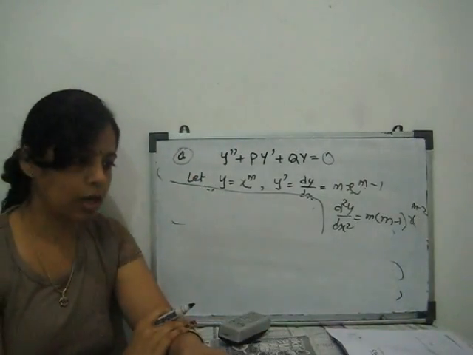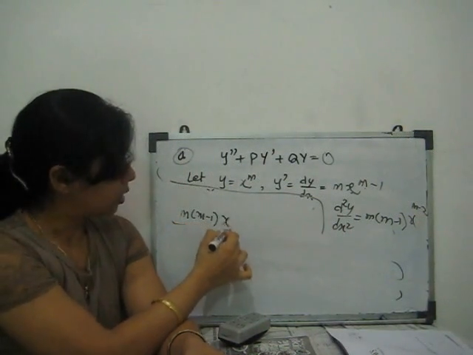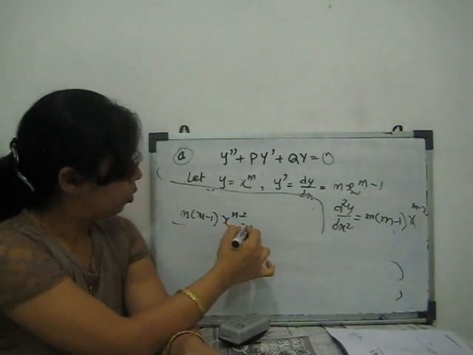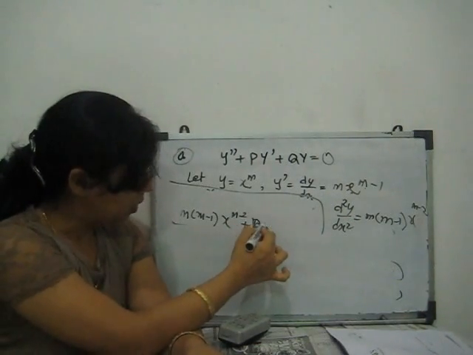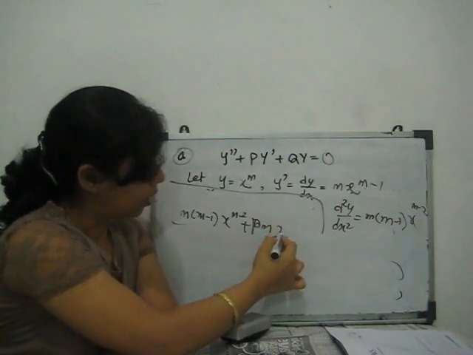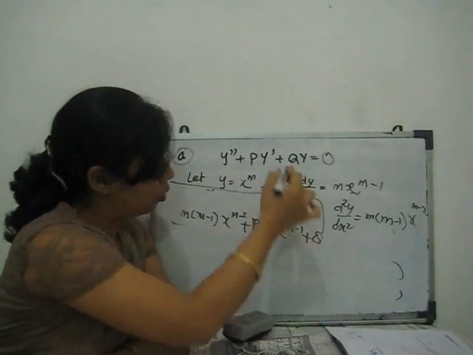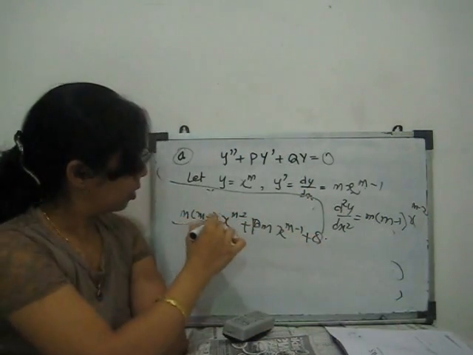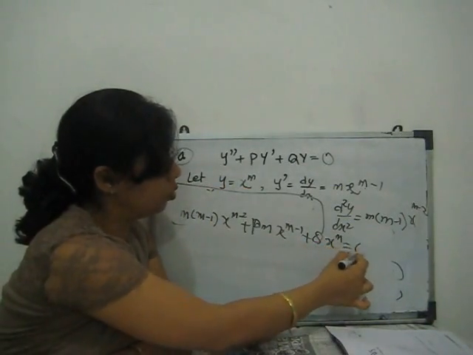When we substitute here, our equation becomes m into m minus 1 x to the power m minus 2 plus p m x to the power m minus 1 plus q y, where y is x to the power m, equal to 0.